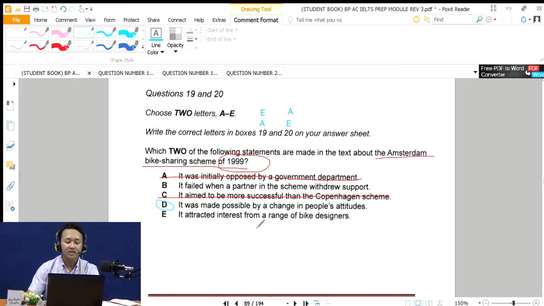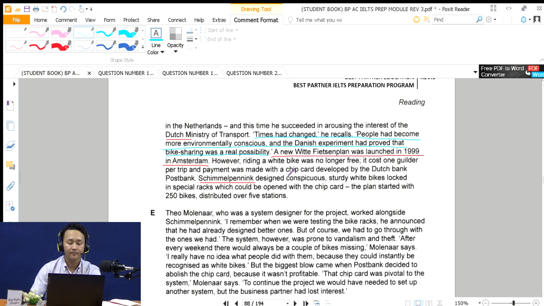Now, it attracted interest from a range of bike designers. Let's read the part after the keywords. However, riding a white bike was no longer free. Okay, I think before this it was free, but now it is not free.